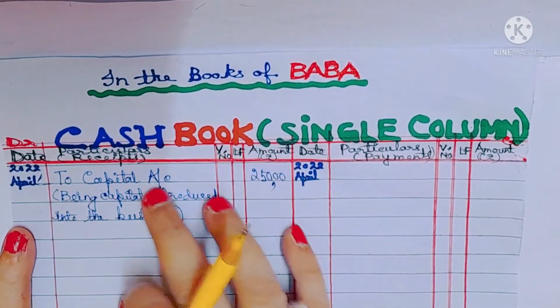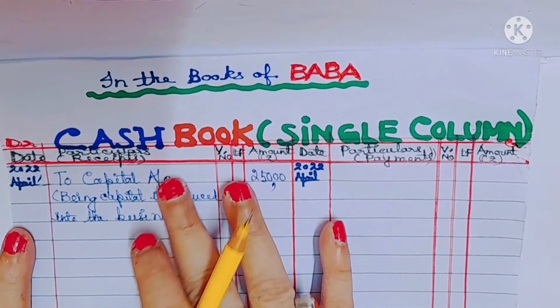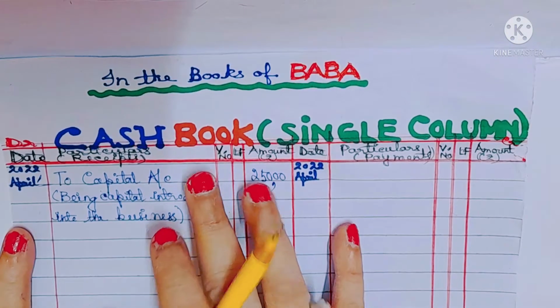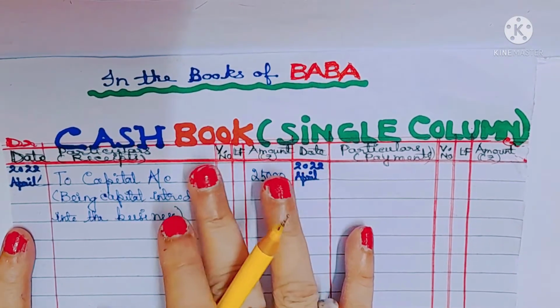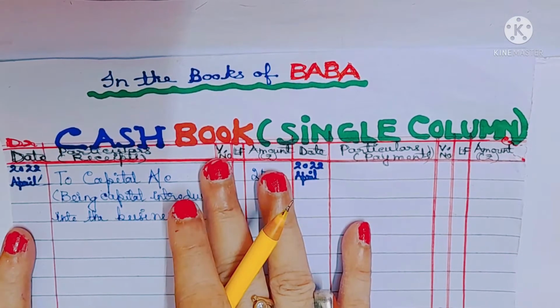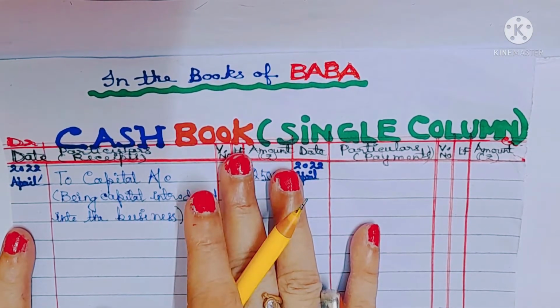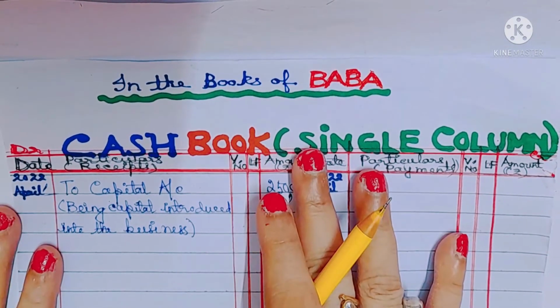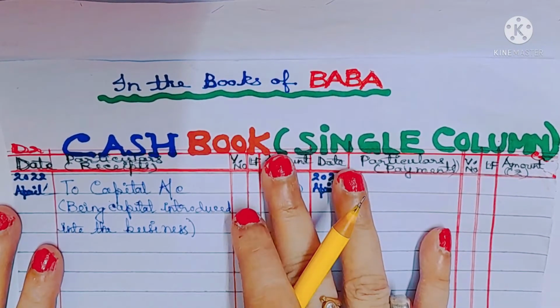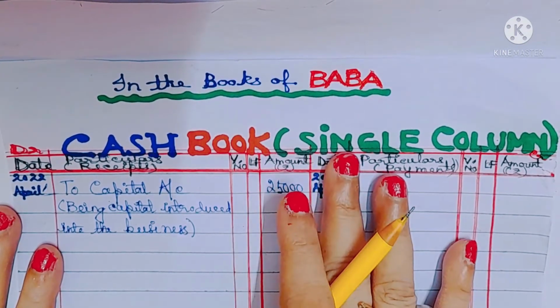Otherwise, how will you write to capital account? So you should know which account is to be debited and which account is to be credited. So you got to know journal entry, and I've already taught you journal entry because journal is the first chapter I taught you.